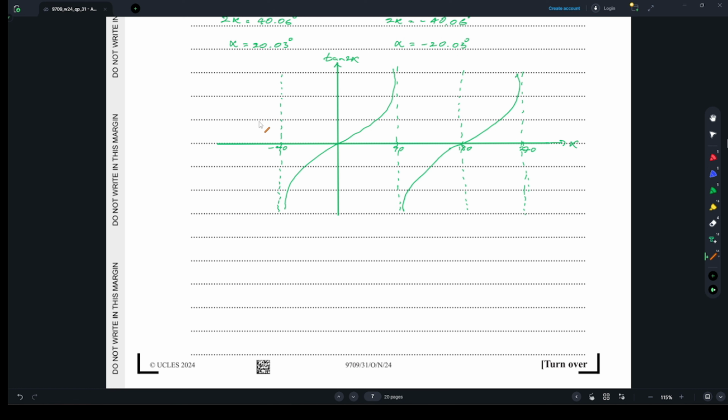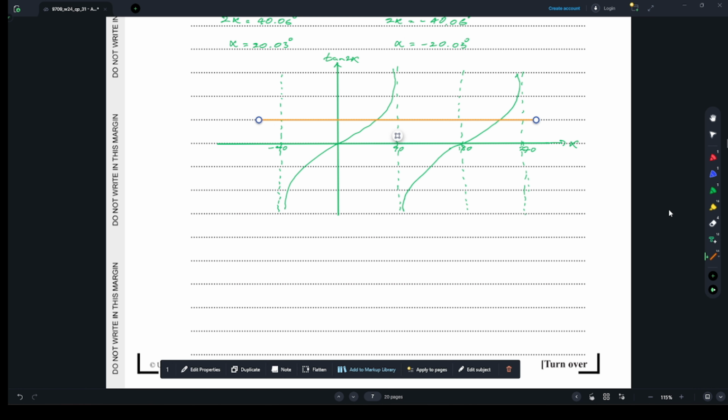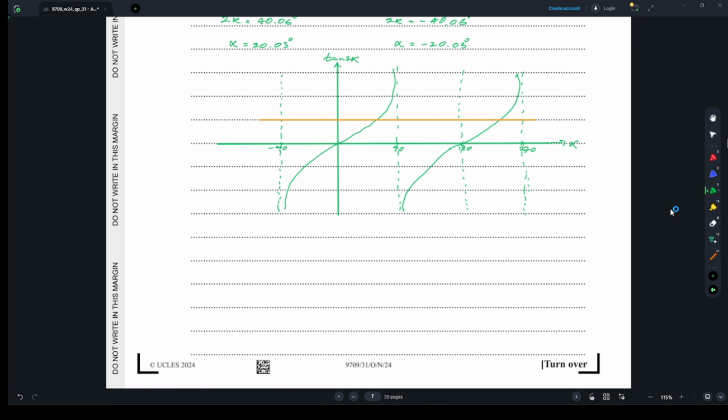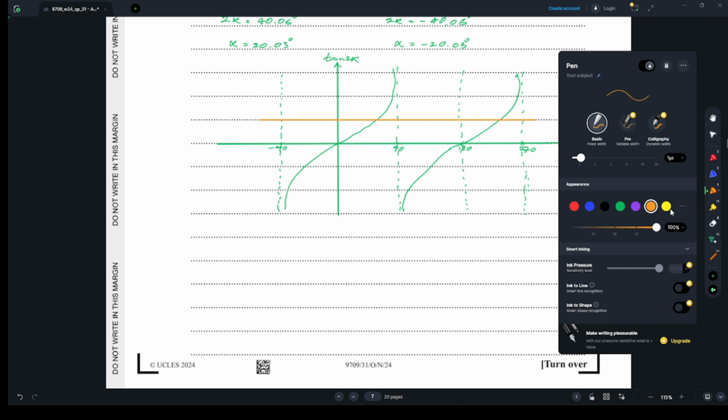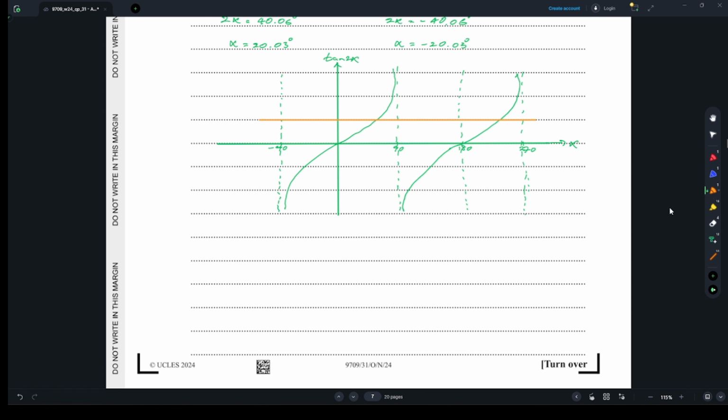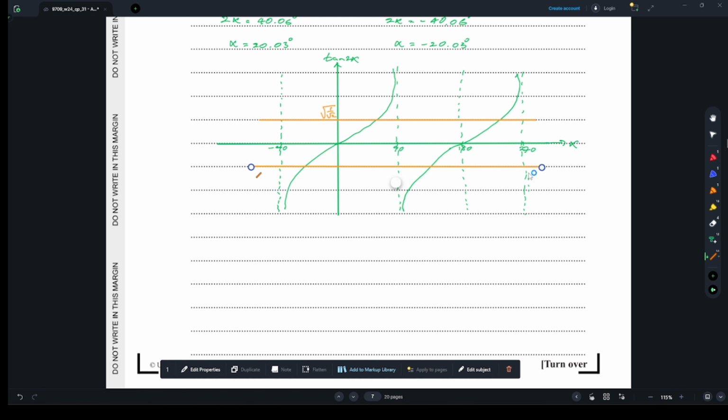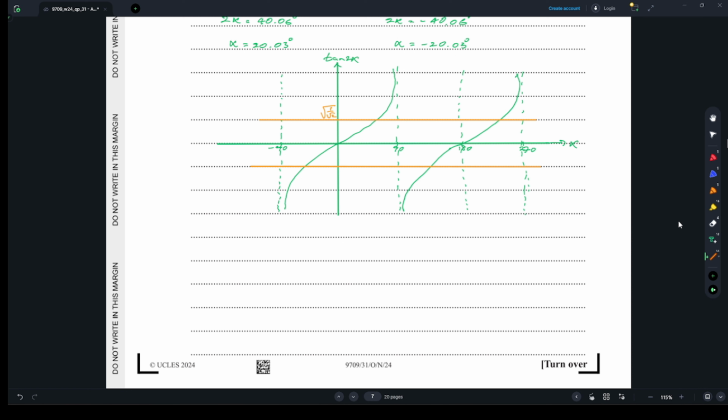It's no need to be perfect, but just to draw this line, and here I will indicate the value which is positive 1 over root 2. In the same way in the bottom side we have this one, which is with minus 1 over root value. So we don't care about the value.